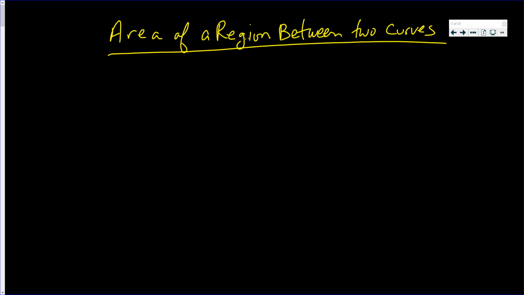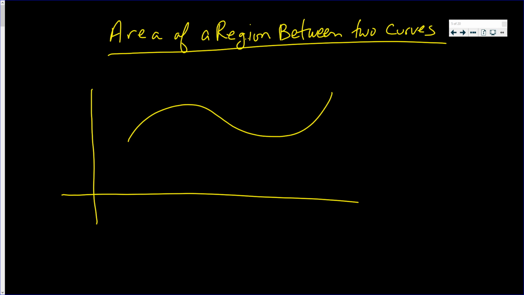Suppose that you have this curve, say that's f of x, and you have another curve that's always beneath it.